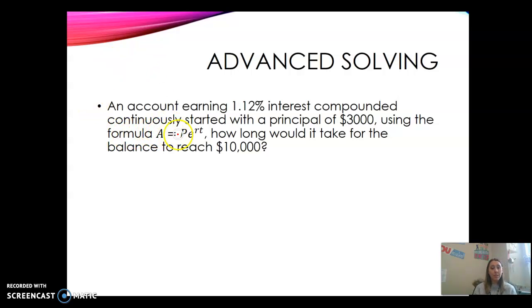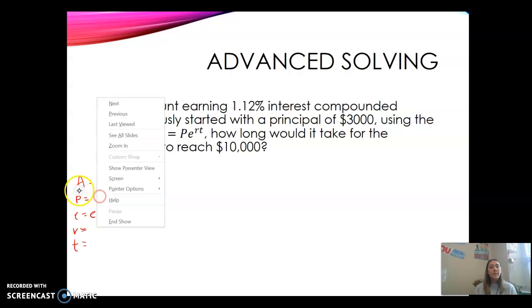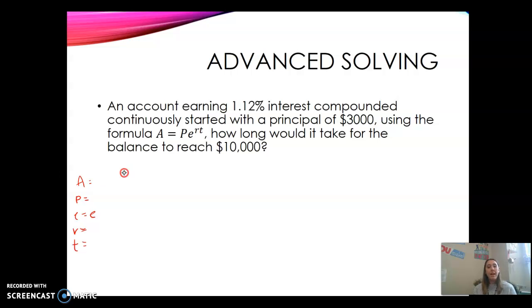So again, we're using the same formula. And it says an account earning, so I know I'm going to do A, P, E equals E, R, and then T. It says I started with a principal of 3,000. So I don't know what A is, but my principal is 3,000.